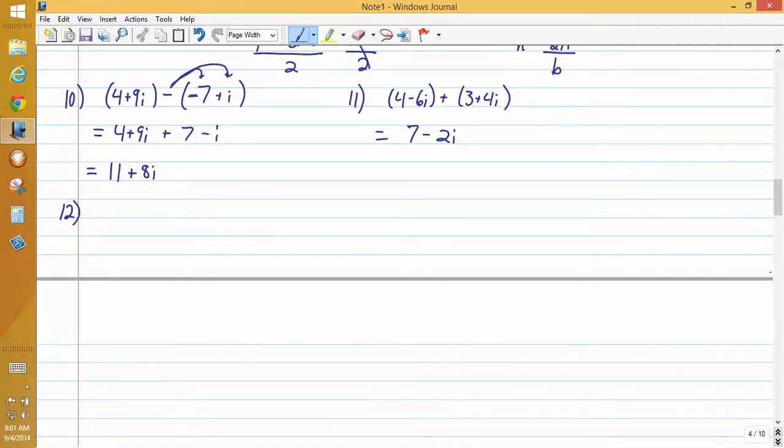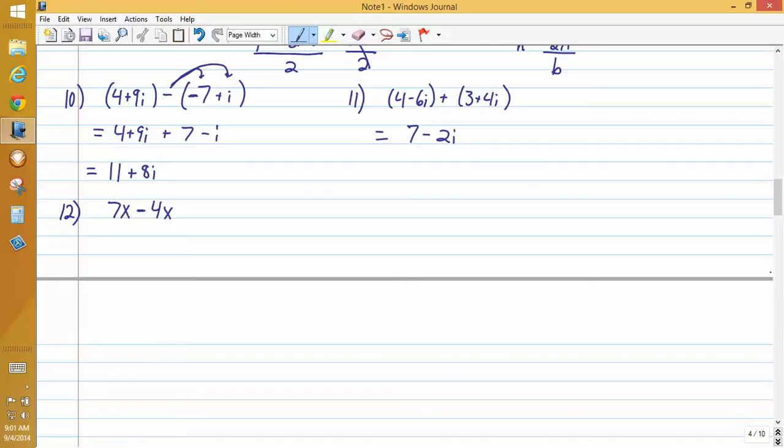All right, number 12. When 4 times a number is subtracted from 7 times the number, the result is 33. So, subtracted from means minus. So let me read that one more time.